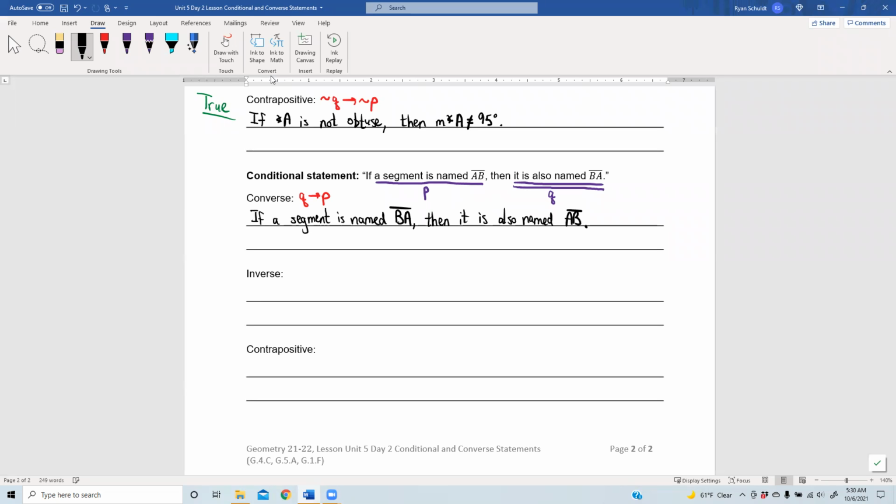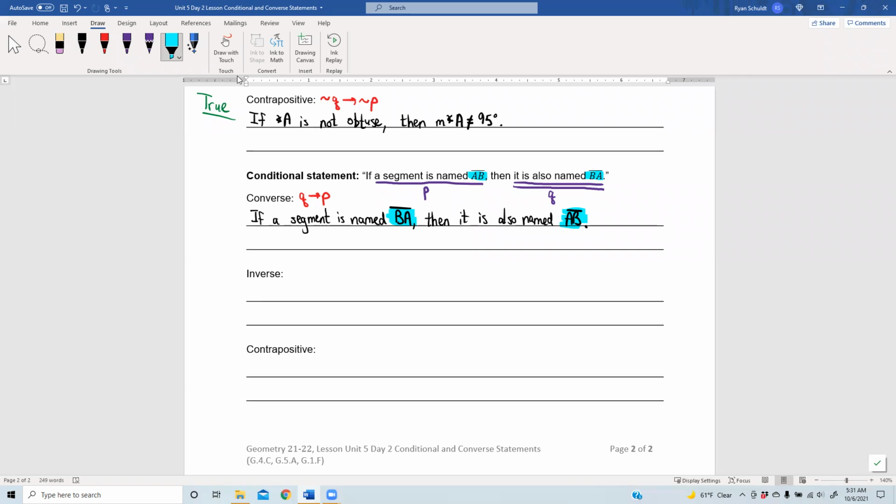And you're like, but how? How is that the converse? You wrote the same thing. Watch, what did I do? I switched these two. The others are part of the P and the Q, but they're just grammatical.